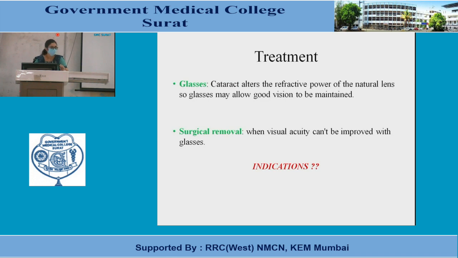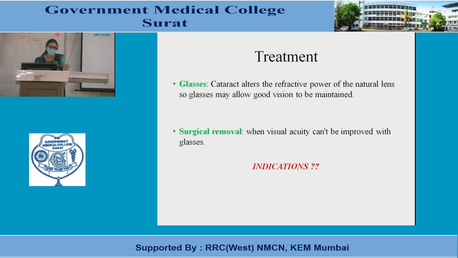But when we talk about the indications of cataract surgery, remember, it is not only the vision that decides whether you will plan a surgery for this particular case or not. For example, say a driver by profession comes with a complaint of problems with night driving.